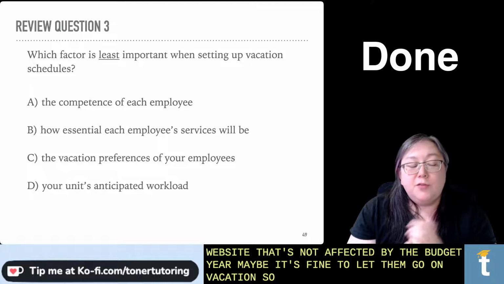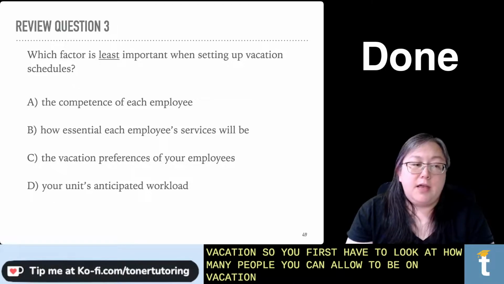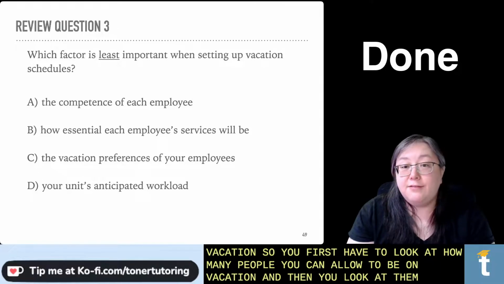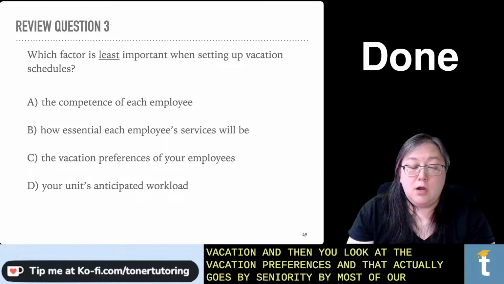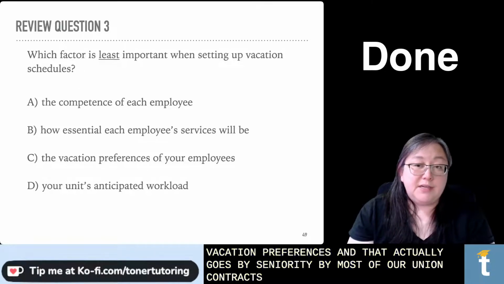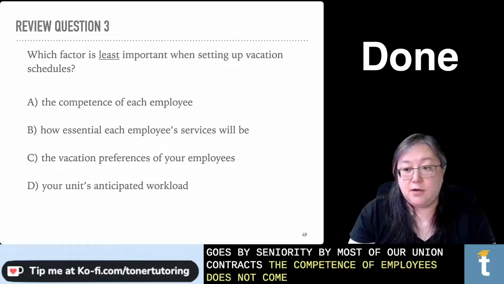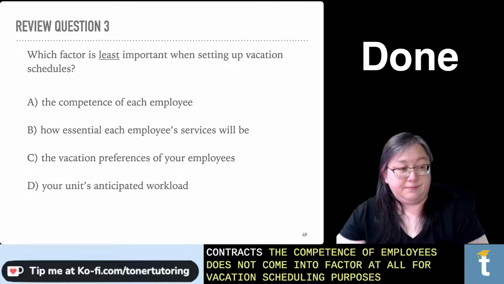So you first have to look at how many people you can allow to be on vacation, and then you look at the vacation preferences, and that actually goes by seniority by most of our union contracts. The competence of employees does not come into factor at all for vacation scheduling purposes.